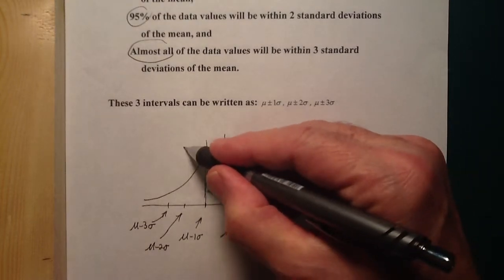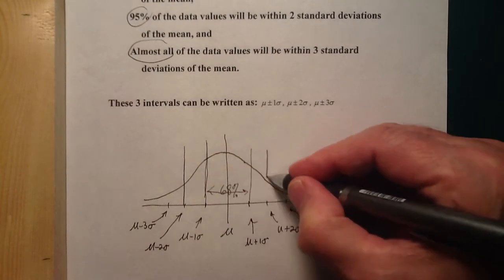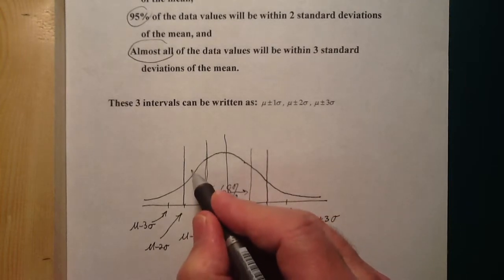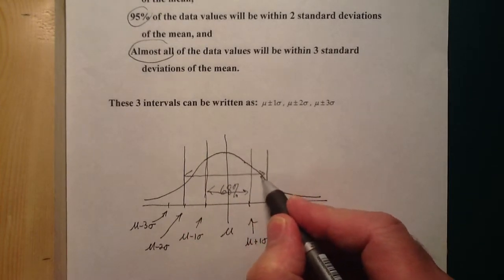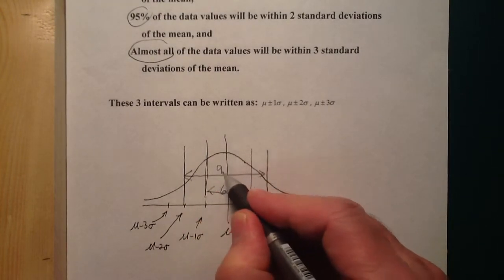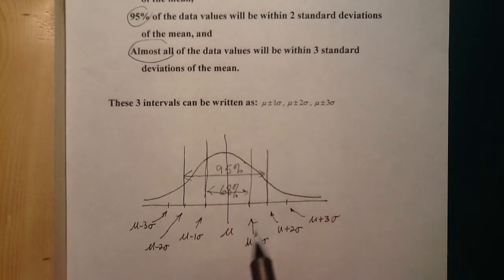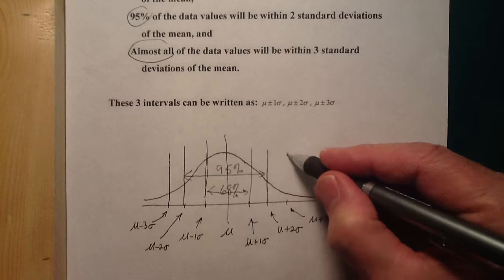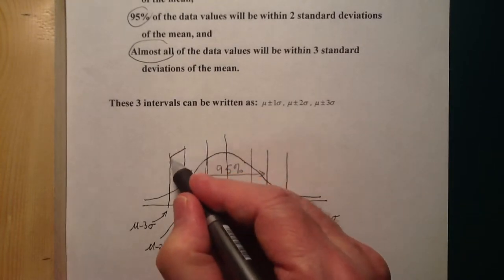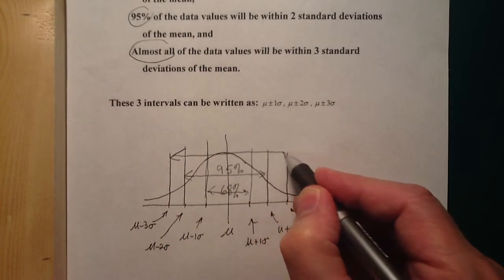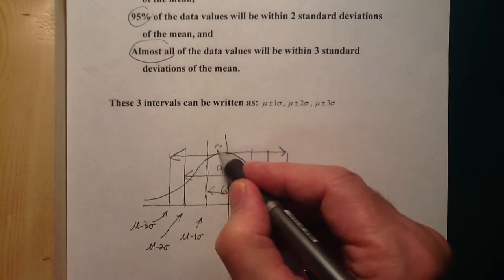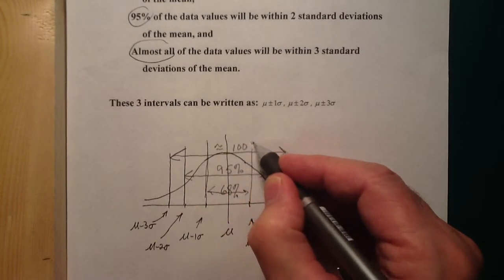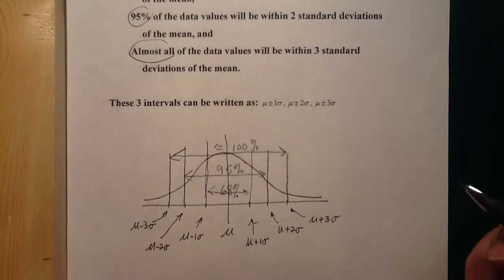And if we mark off an interval that is 2 standard deviations to the left and right, then the empirical rule is saying that approximately 95% of the data values will be between this value and this value. And the last part of the empirical rule says if we mark off plus or minus 3 standard deviations, that creates an interval, and almost all of the data will fall in that interval.